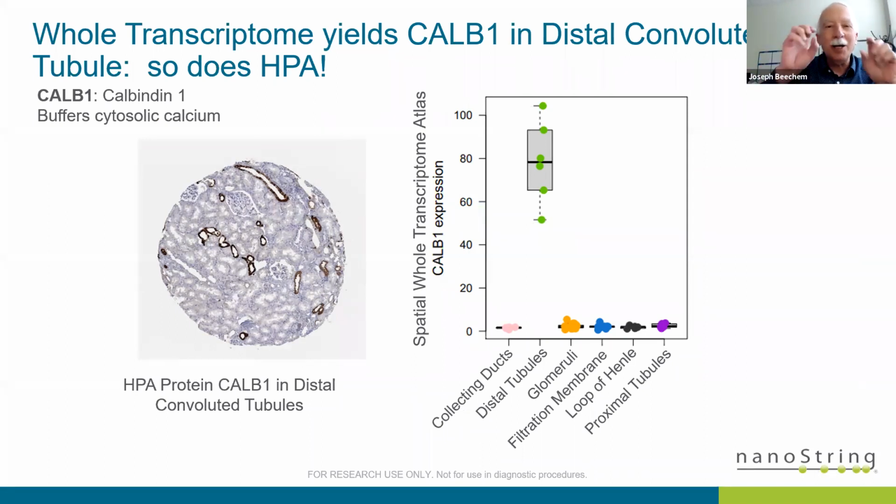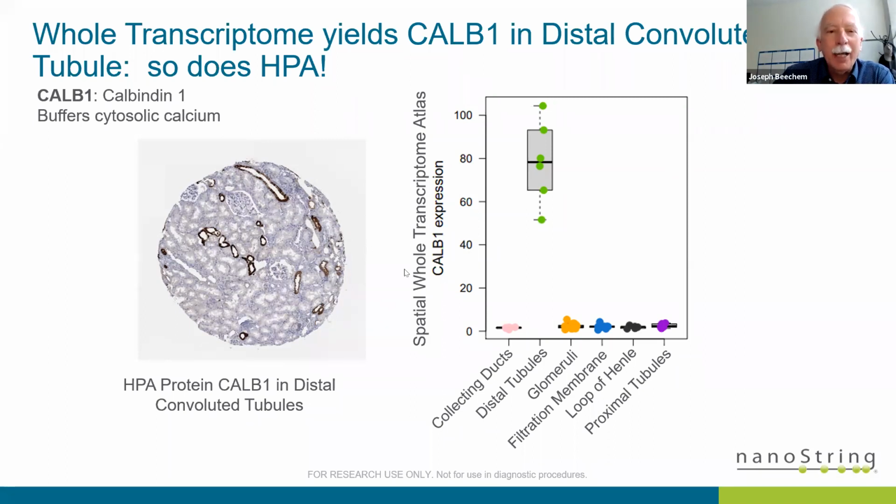Let me give you an idea what it looks like individually on some of these individual proteins. I'm only going to show you 2 little cases of that. On the left is the Human Protein Atlas image of a protein called CALB1, whatever that is. It's a protein that only shows up in the HPA around the little distal convoluted tubules. You can see the little dart there.